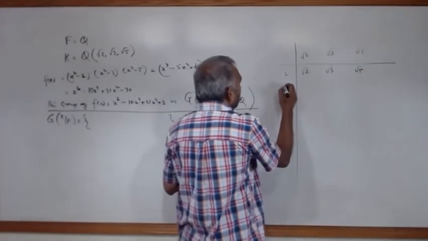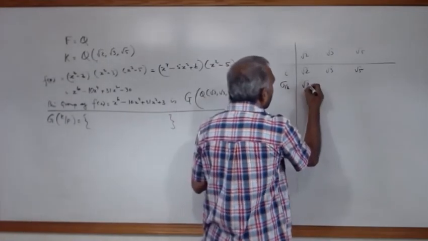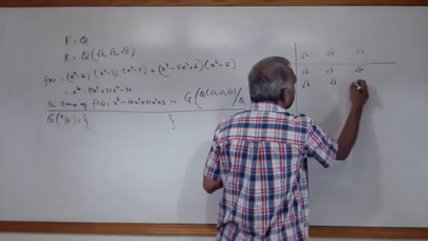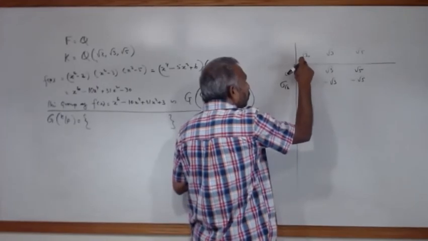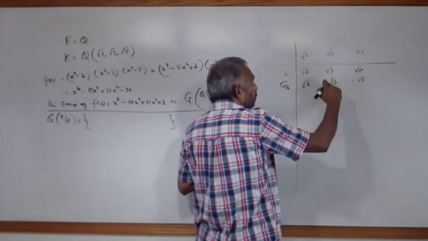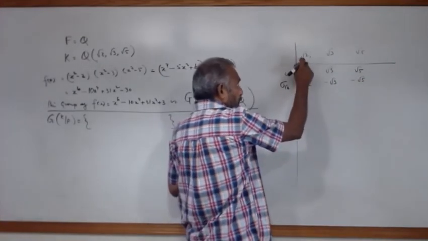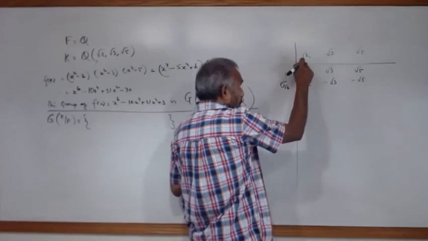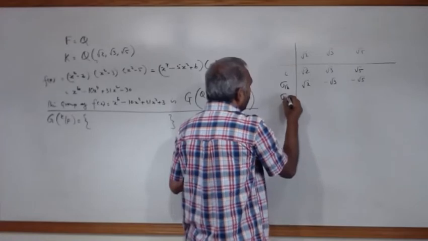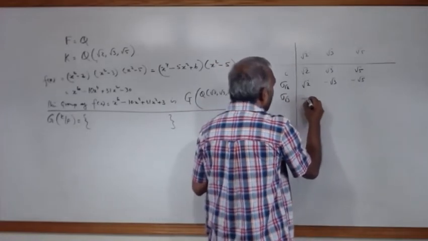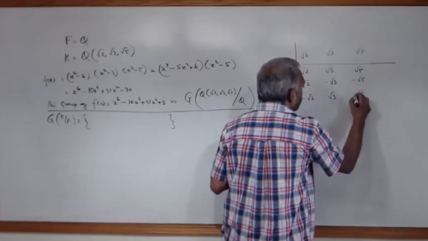Then I am going to write sigma, where root 2 is fixed and these are all changed. See, root 2 has to go to its conjugate, root 3 has to go to its conjugate, and root 5 has to go to its conjugate. The conjugates of root 2 are root 2 and minus root 2. So sigma root 3 will be minus root 2, root 3, root 5, minus root 5.